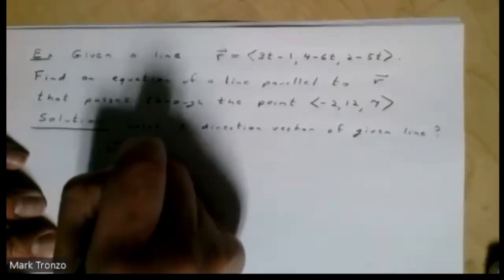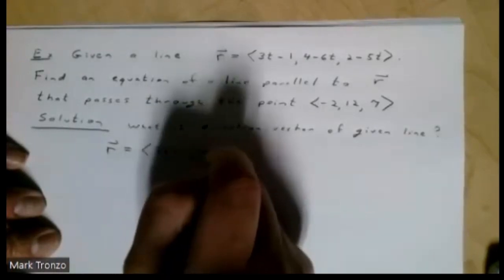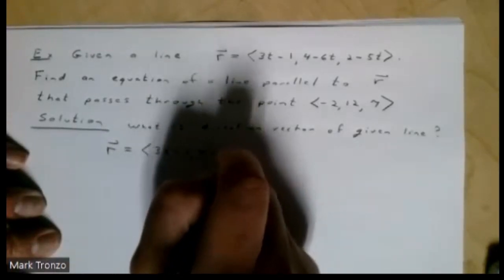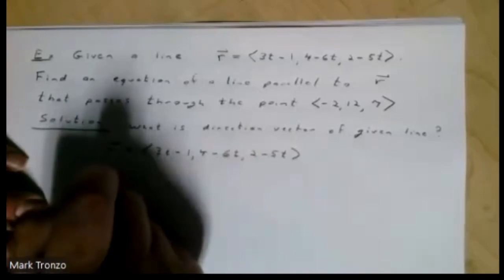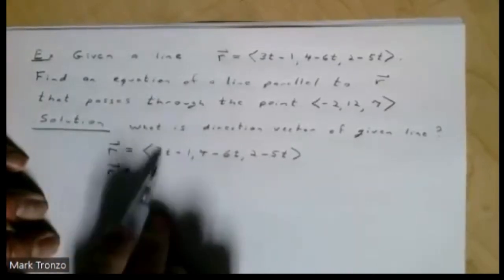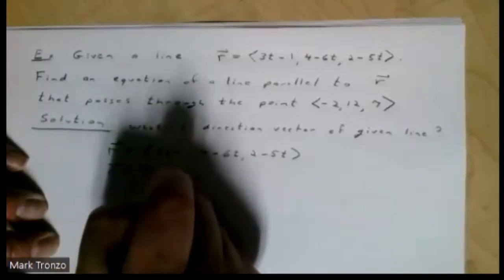So again, we have this right here. Let's see if we can sort of break this line apart and get it into the form that we had previously of a line. So let's see if we can group all the t's together. So let's sort of break this up into two vectors.